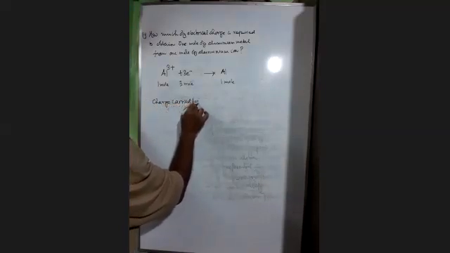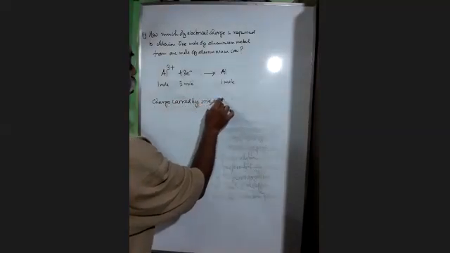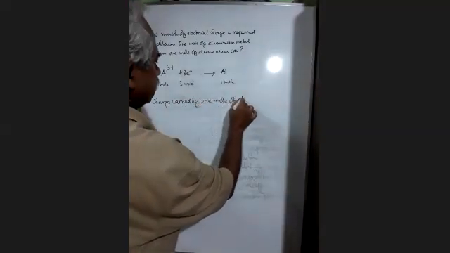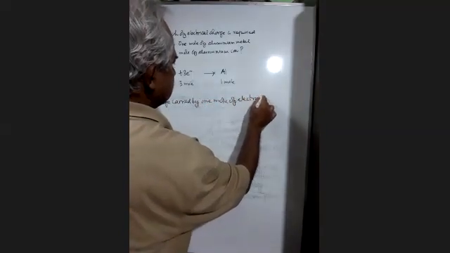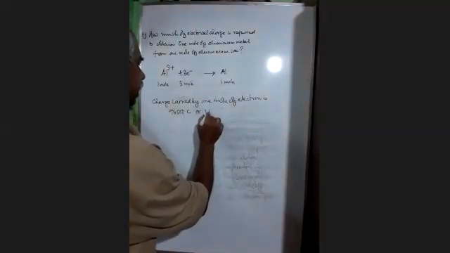Where from did you suddenly get 96,500? The charge carried by 1 mole of electrons is 96,500 coulomb. But it is such a big number, so we have another unit called Faraday. 1 Faraday is equal to 96,500.